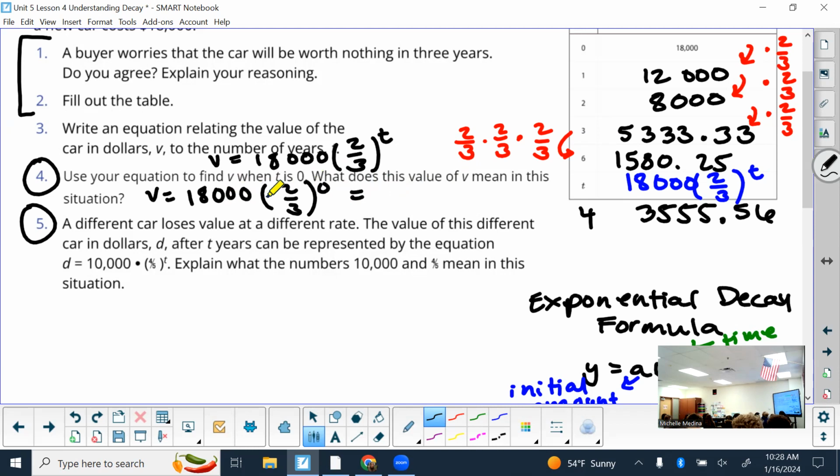So then what's 18,000 times 1? That's it. That's all. You could even see it from the table because we already answered that. When t is 0, my output is 18,000. What does that mean? That's my starting value of the car. Anytime your input is 0, that's your starting amount.